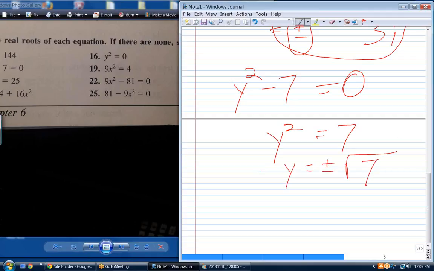Just square root of 7. In other words, there's no negative numbers here, so we don't need to factor it. You obviously could factor it to square root of 1 times square root of 7, but square root of 1 is 1, so it doesn't change anything. So this really is our final answer right here. Okay.